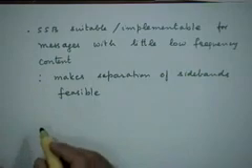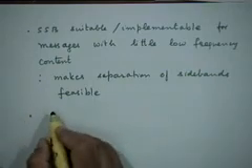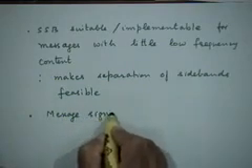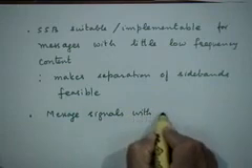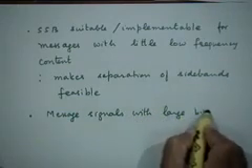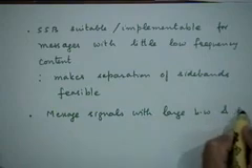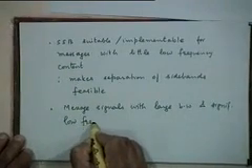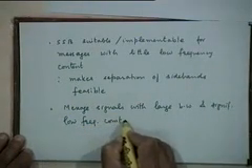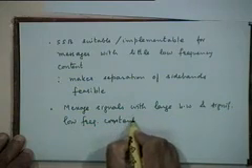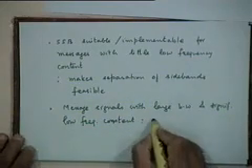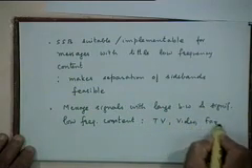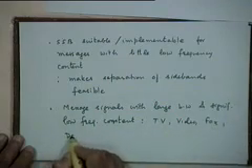I am just summarizing. On the other hand, message signals having large bandwidth and significant low frequency content exist, like the TV signal, the video signals, the fax signals, etc., the data signals, right?